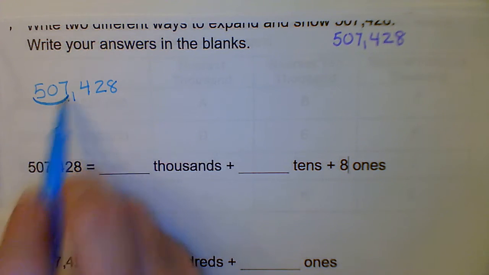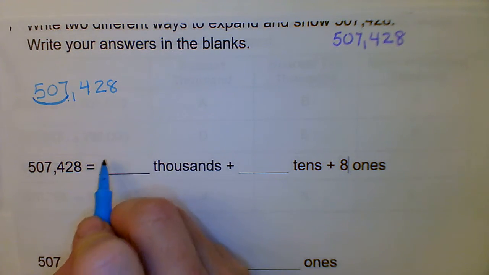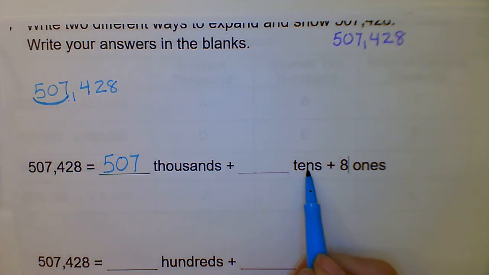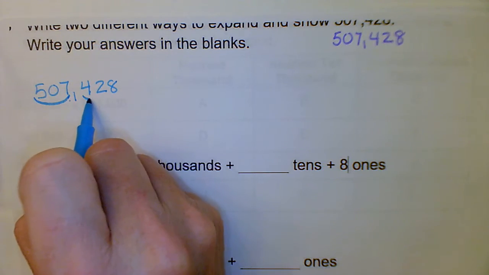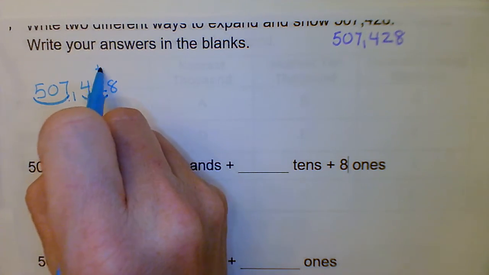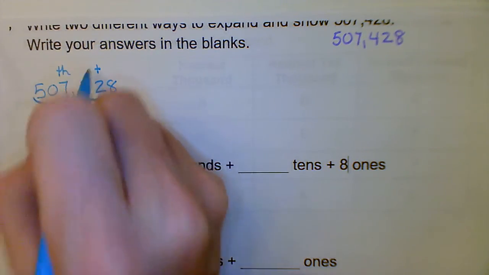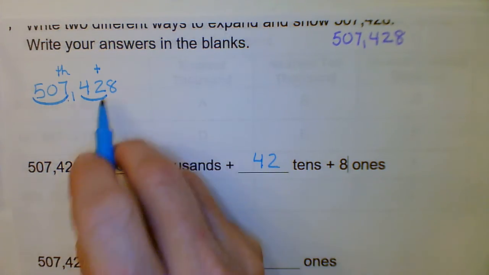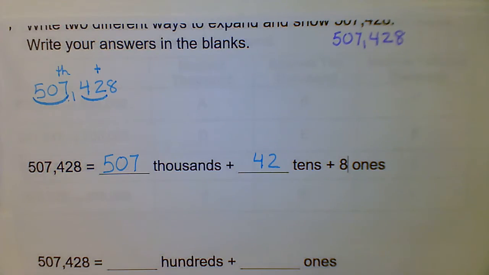I'm going to scoop everything to the left of it over. So this would become 507,000. Now I need to go to the 10s. So everything that's left I'm going to scoop into the 10s. So here's my 10s. So this was my thousands, this is my 10s. So I have 42. And then we still have 8 ones.